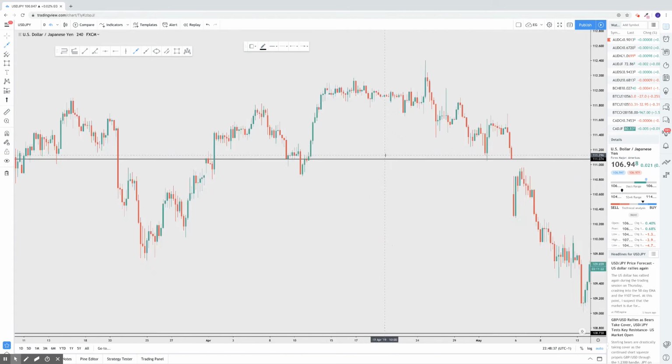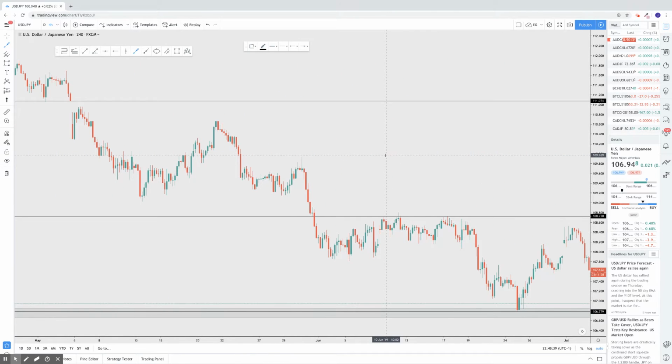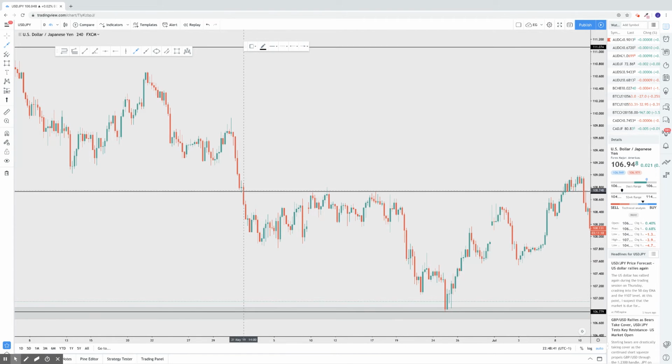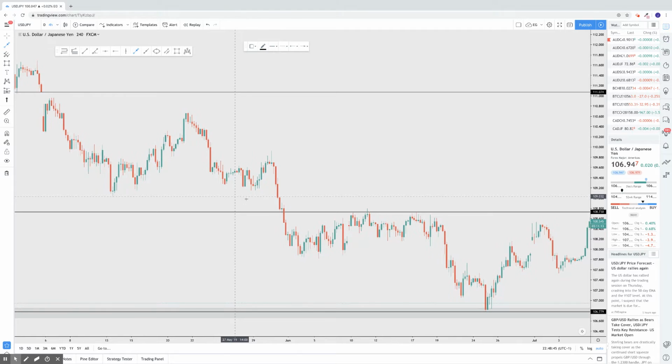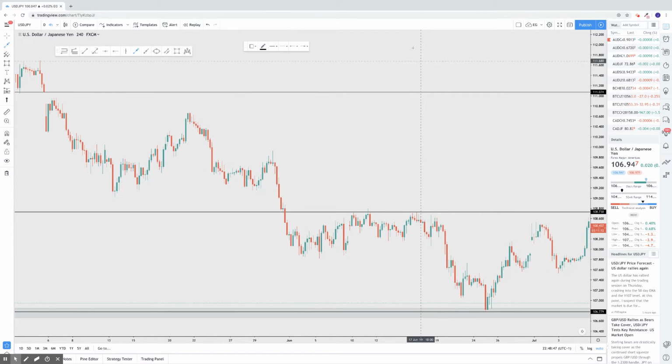Generally, you want to have support and resistance marked above and below current price. So when price is here, you would have had this marked in, or at least an area close to this. Here we can see a breakout of that area. I'm going to call it an area, not a line, because we would have had an area drawn in here.